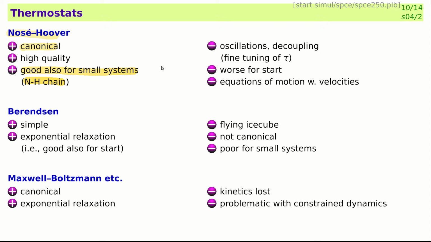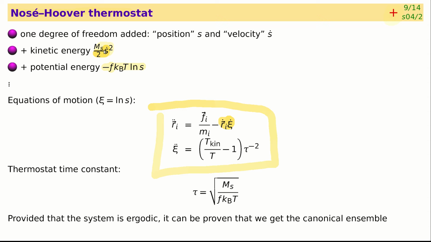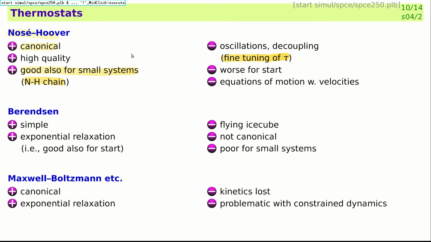As regards disadvantages, the time constant of the thermostat, or the mass of the degree of freedom, simply a parameter that controls the coupling between this additional degree of freedom and our system, must be quite fine-tuned. If it's not, it doesn't work. Either it oscillates, or the equations of motion are broken, if these artificial motions are too fast. And also a technical problem with the equations of motion with velocities in the right-hand side.